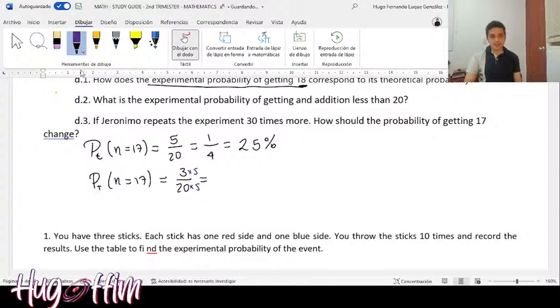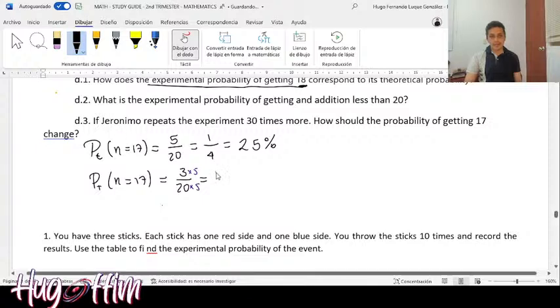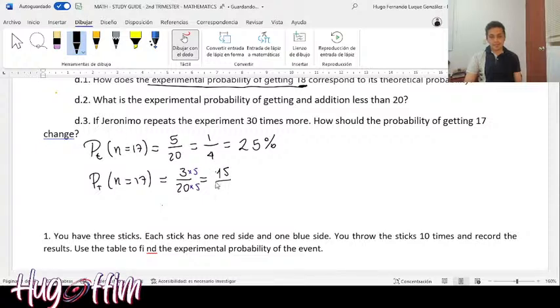So if you multiply times 5, you're going to get 15 out of 100. So 15%. So what is expected to happen in the next 30 times? What is expected is that the experimental probability of getting 17 will lower toward 15%.